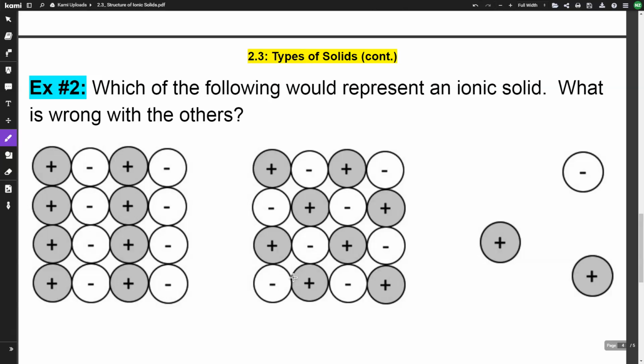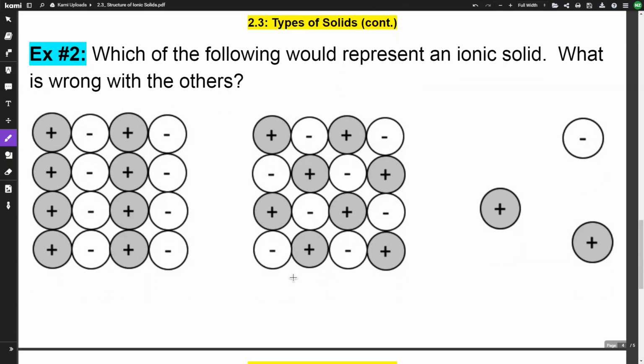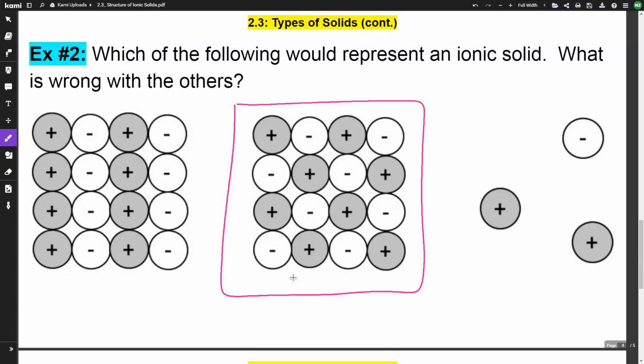All right, which of the following would represent an ionic solid, and what is wrong with the others? You should easily be able to tell that this is an ionic solid. It repeats in the order positive, negative. If you look here, this one repeats in the order positive, negative. However, if you notice vertically, you have two positives together, two negatives together, so this one wouldn't work.